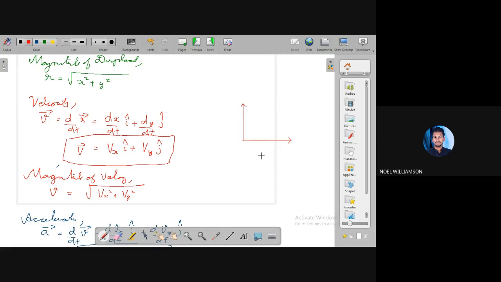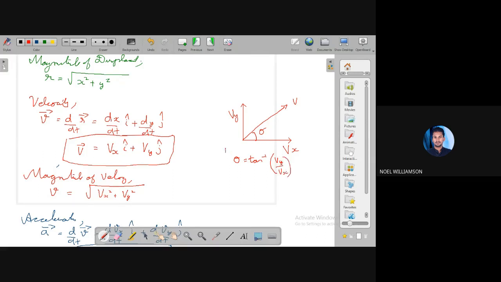If these are the x component and the y component of velocity, then the resultant velocity, that is v, will be at an angle theta, and theta will be equal to tan inverse of vy by vx.